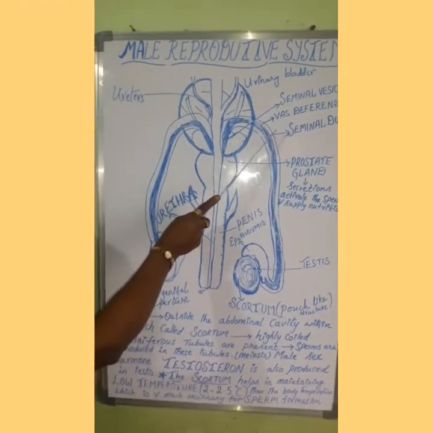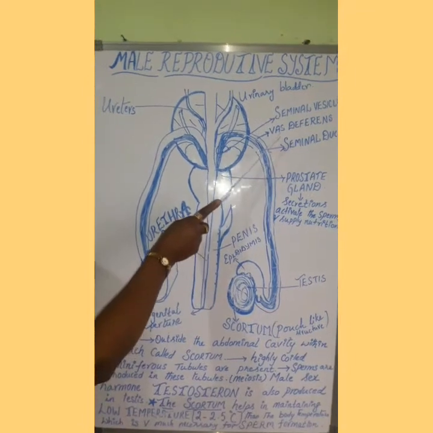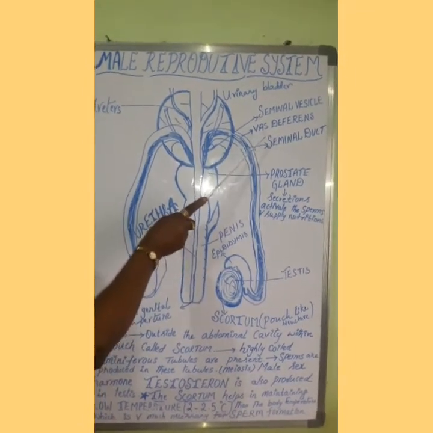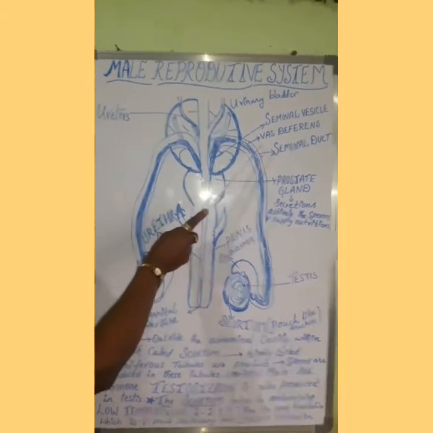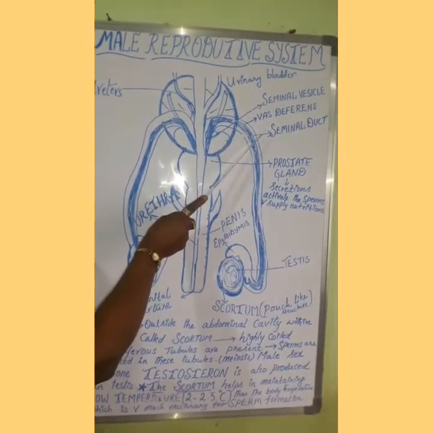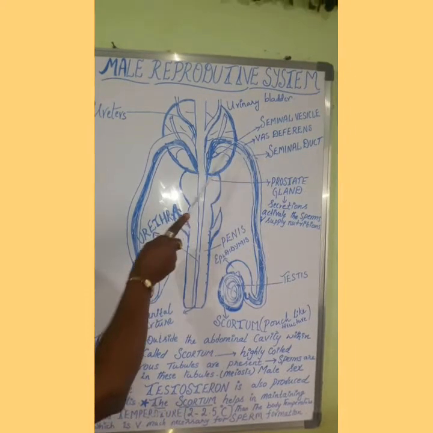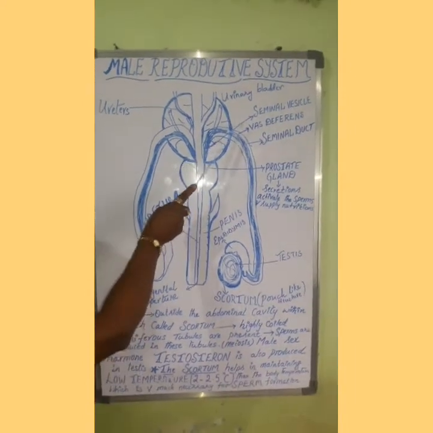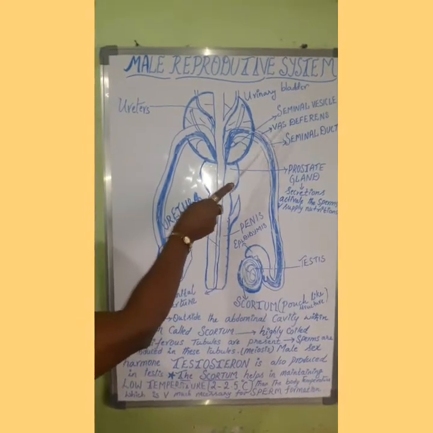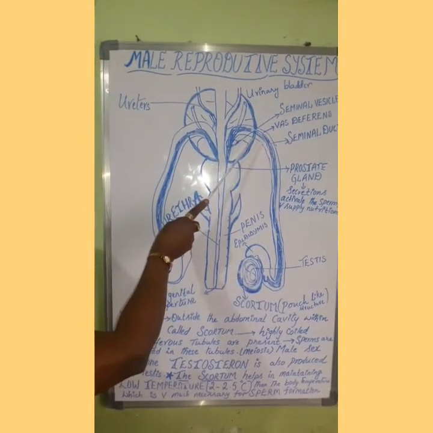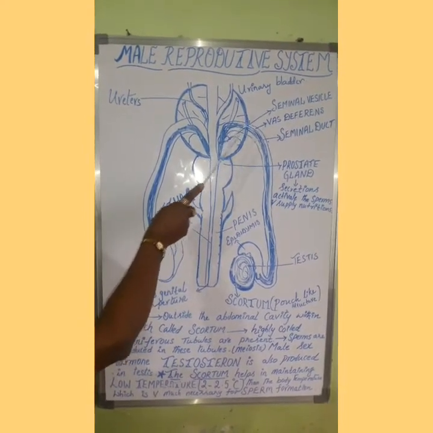This is very important. The seminal vesicle produces seminal fluid, which is the source of energy for the sperms when they are outside the body.